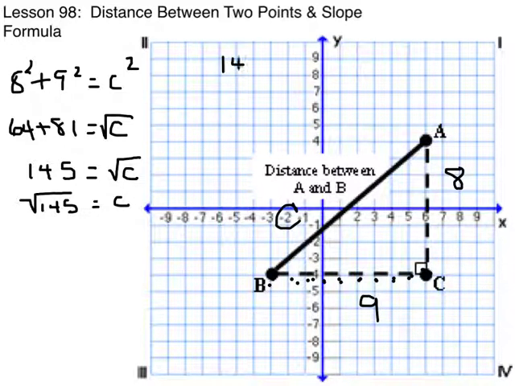So 145, let's say we use a 5 there. That would be 29. Well, it can't be factored further then. Then the distance between those 2 points A and B would be the square root of 145.